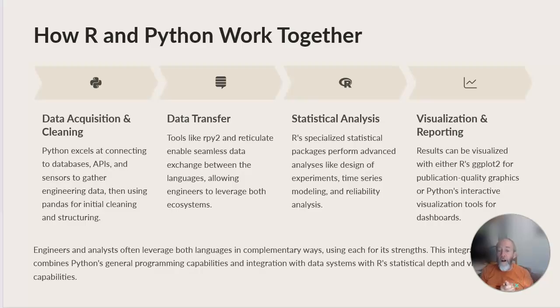Now, both R and Python do give you some incredible visualization and graphics. And if you're using AI, and I don't expect you to be at this level of programming, but you can ask the AI to create visualization tools that are actually interactive, that you can run, that give you dashboards and things like that.